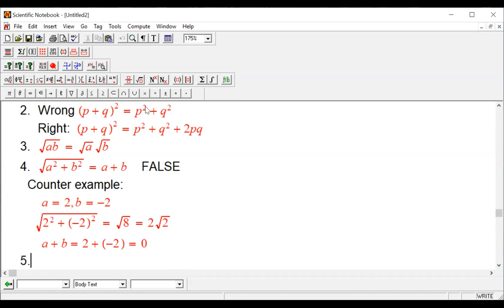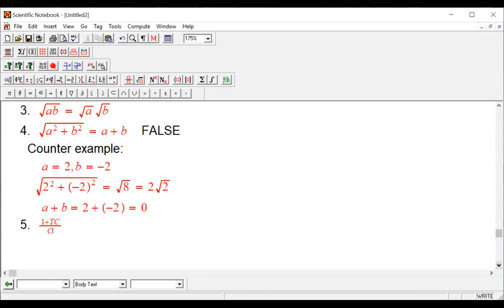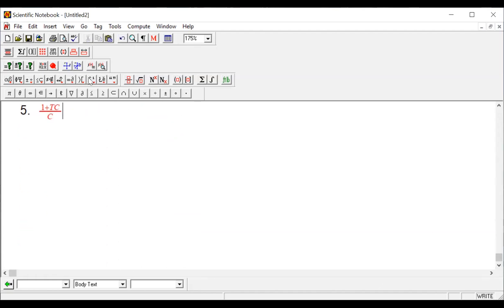Number 5, is this true or false, right? So (1 plus tc) divided by c, and the answer we get here is 1 plus t. This is a common mistake. What the student did, the typical mistake, is the student just crosses out the c's. You can't, okay, so this is false.